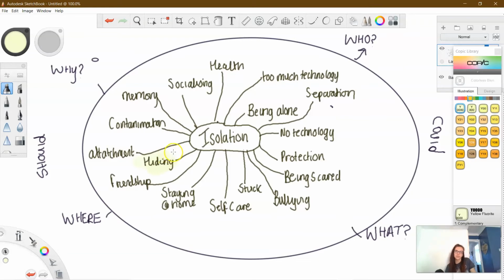So looking at dens and forts and hiding objects and things. I'm also quite interested in the health context and also the self-care context. So from that, I've chosen 3 that I'm actually quite interested in. So this is what I will then look at for my next brainstorm.